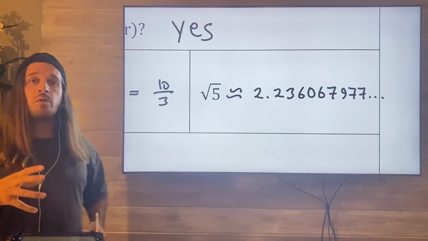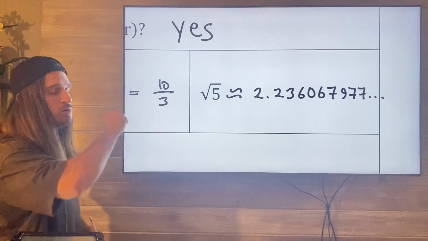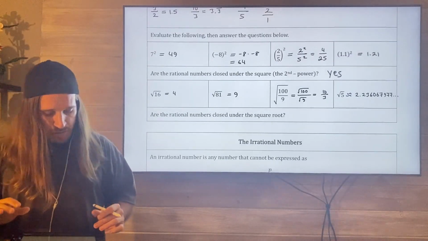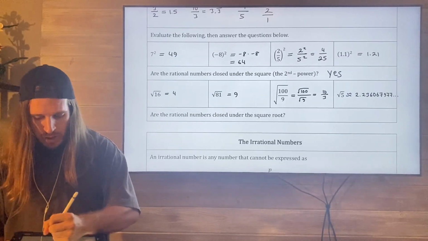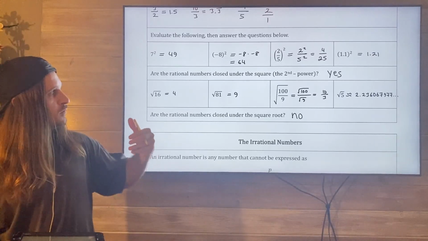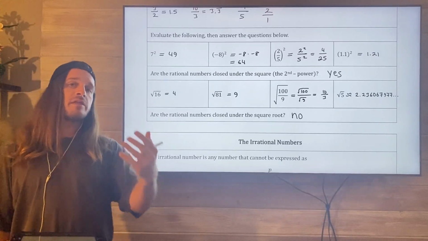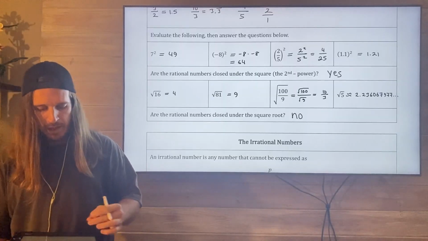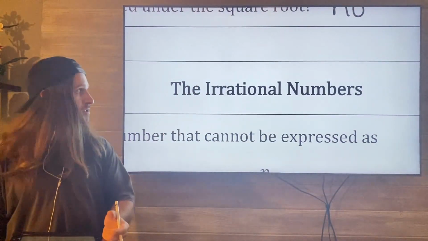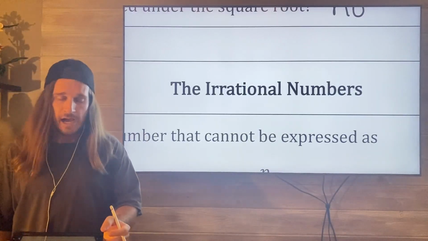So yet again, we have discovered a new type of number that we've never seen before, right? Are the rational numbers closed under the square root? No. It is possible to take the square root of a rational number and get a number that is not rational. So what are we going to call those numbers? We're going to call them irrational numbers, right?